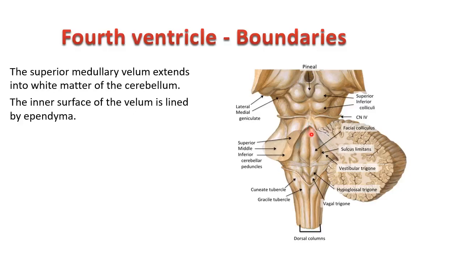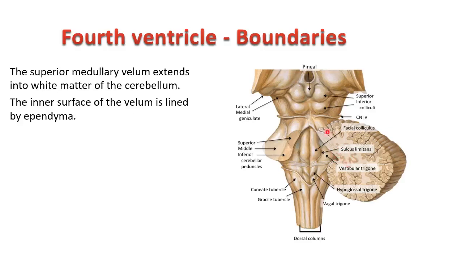If you trace the medullary velum, it will extend into the core of the white matter of the cerebellum. Inside the core of the white matter, you are able to see the deep nuclei of the cerebellum, mainly the dentate nucleus, the largest nucleus.